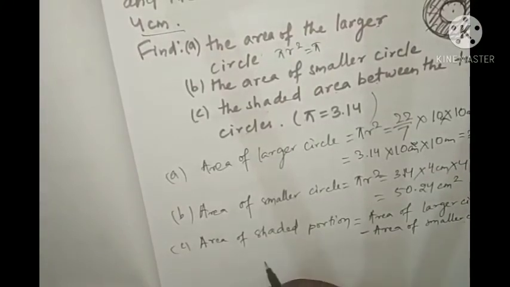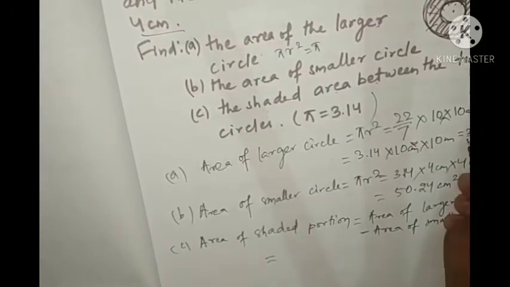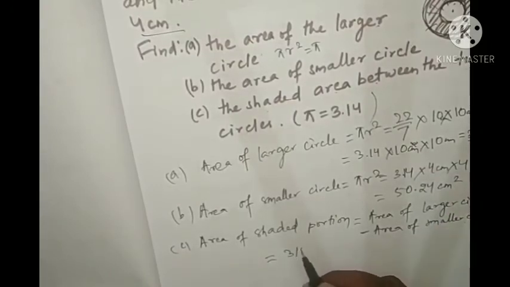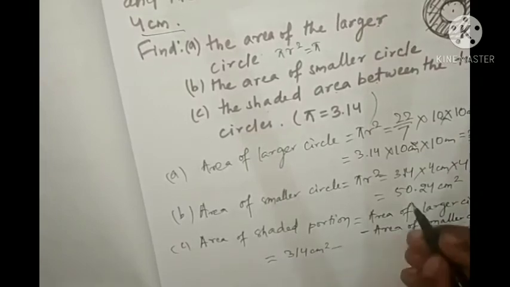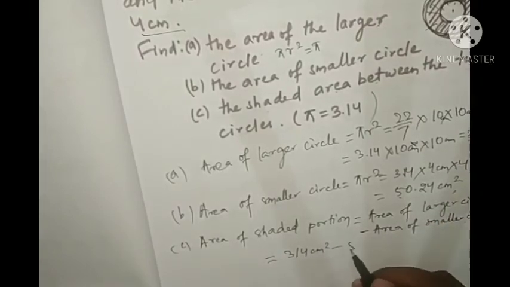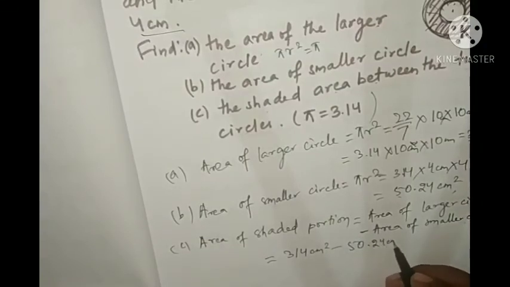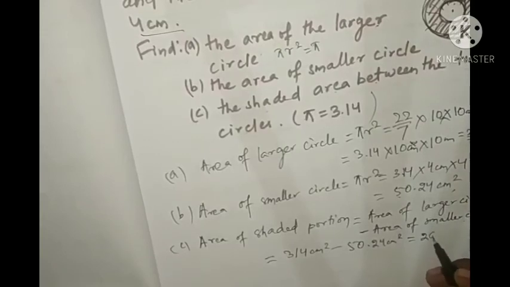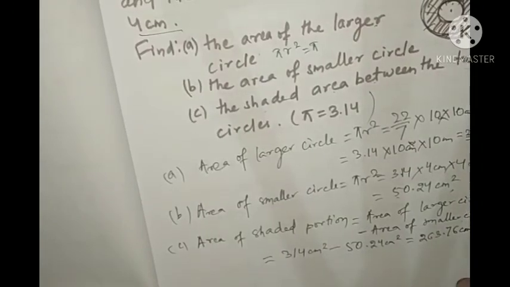The area of the larger circle is 314 square centimeter minus the area of the small circle, 50.24 square centimeter. So the answer is 263.76 square centimeter.